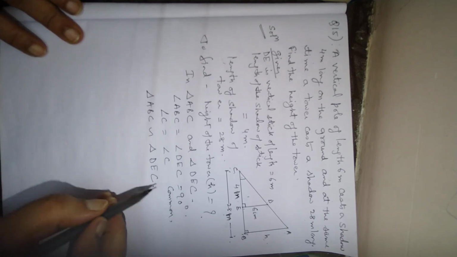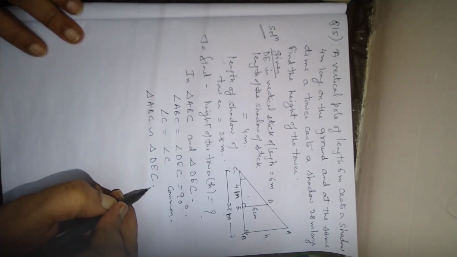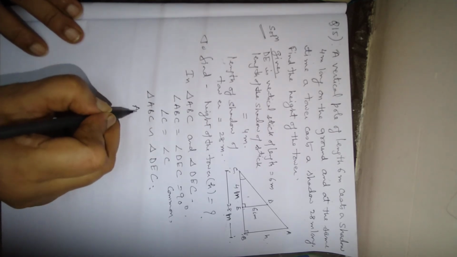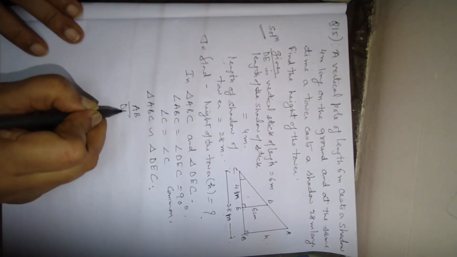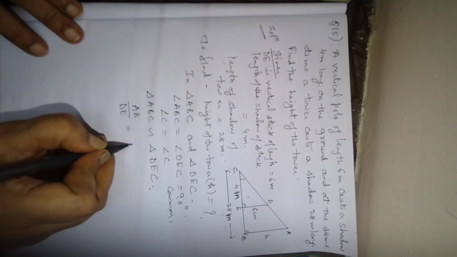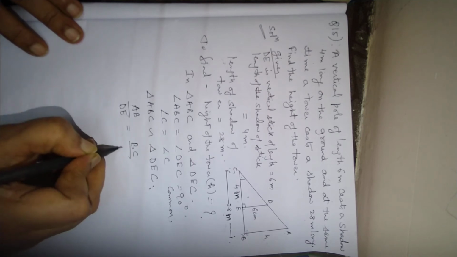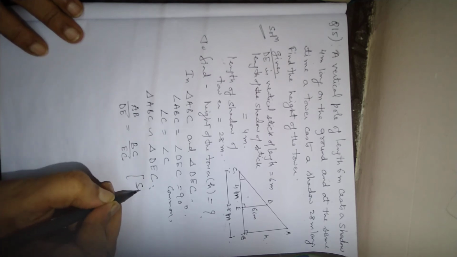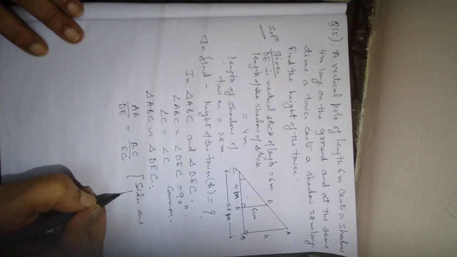So when the two triangles are similar, the sides should be proportional. So we can write AB upon DE equals BC upon EC. Sides are proportional.